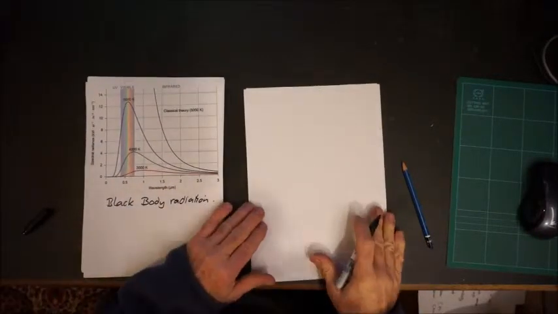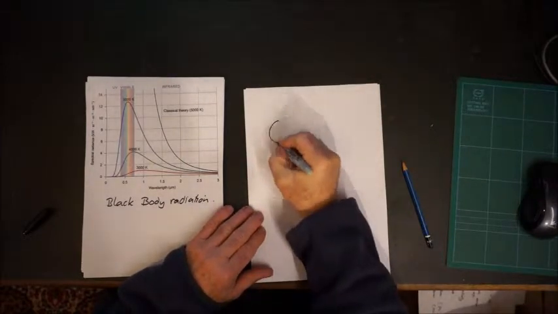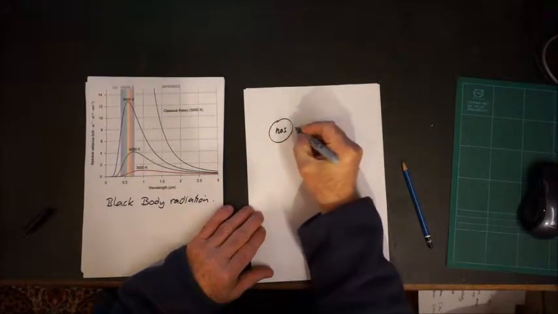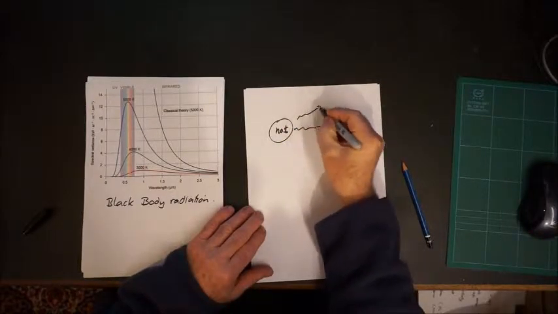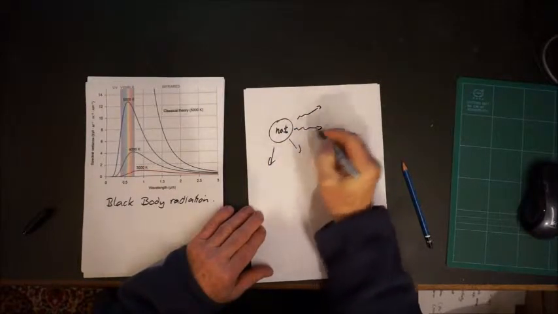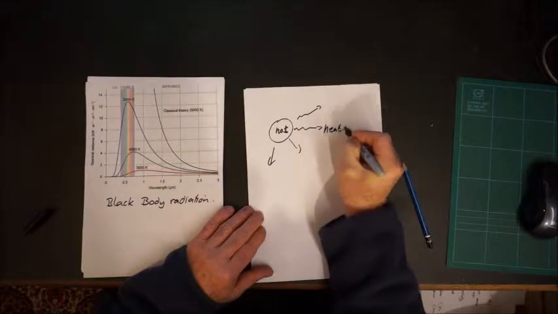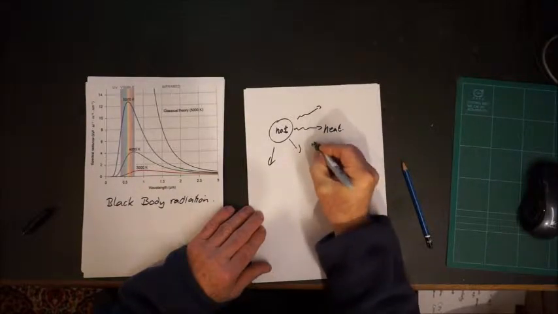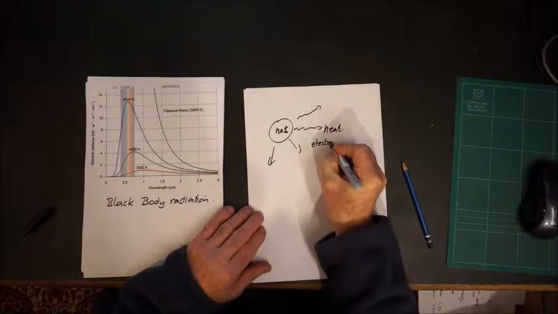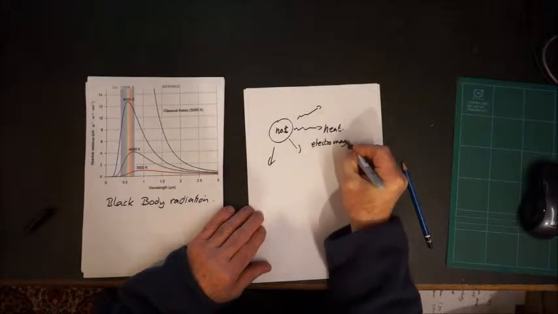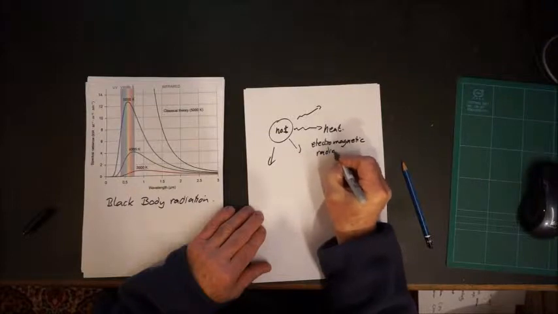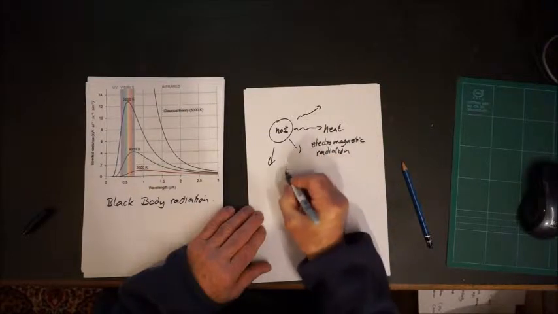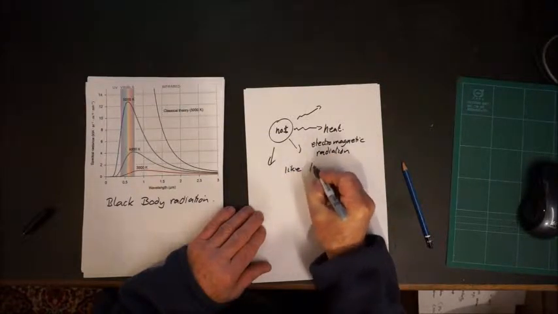If I take something which is hot, then it gives off heat, which is actually electromagnetic radiation, like light.